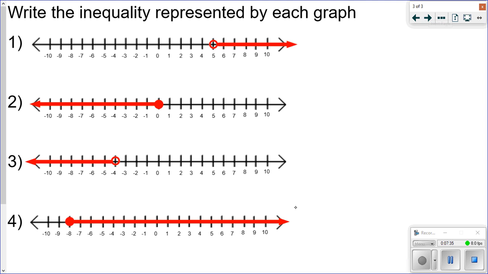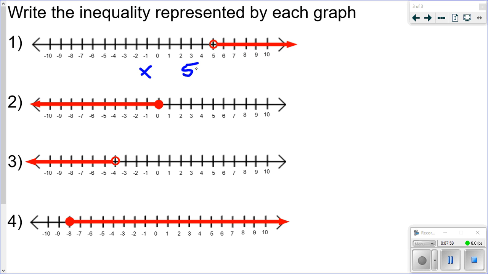All right, so let's look at one more type of problem you might be asked to do here. So this one, they're giving you a graph, and they're asking you to write the inequality that's represented by that. So this is really pretty simple. You can use any variable you want. I'll stick with what we've been doing, and I'll use an x, and the number that's circled is a 5.